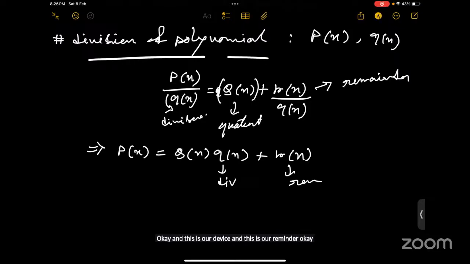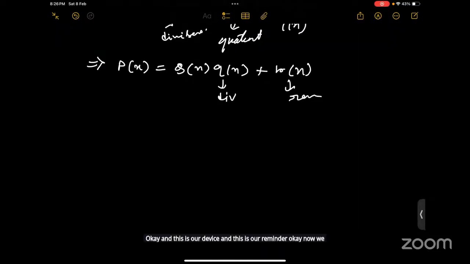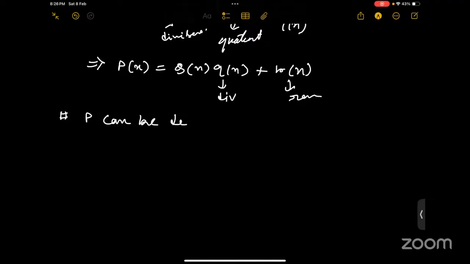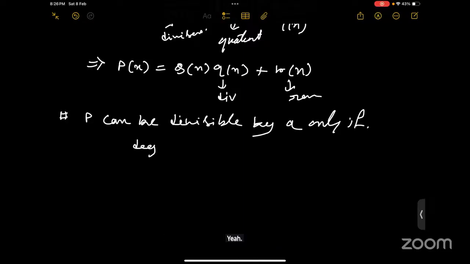Okay. Now we have some facts about the division of polynomial. So p can be divisible by q only if the degree of p is greater than or equal to the degree of q(x), right?